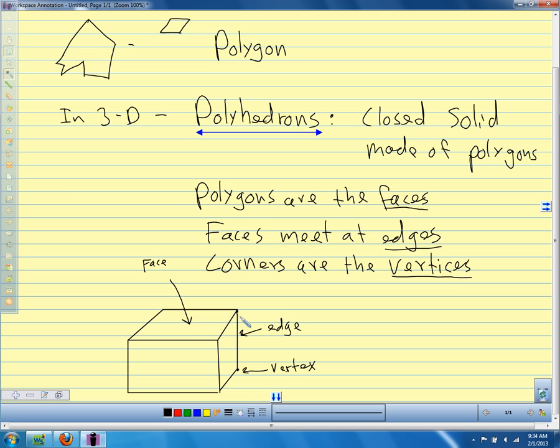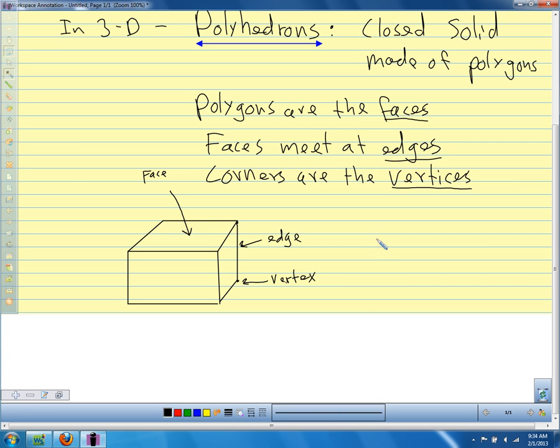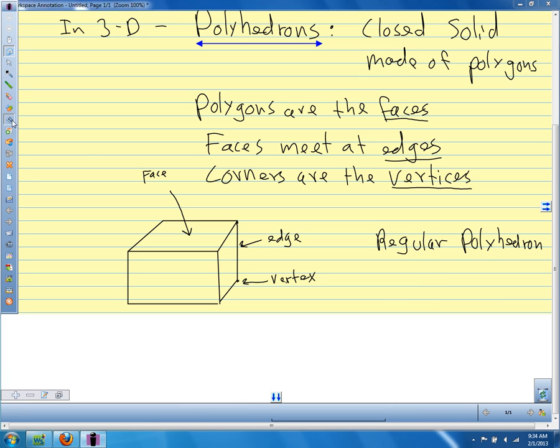When we talked about polygons, what did we mean when we say we have a regular polygon? All sides and angles the same. Perfect. So what would you guess we mean when we talk about a regular polyhedron? So sides and faces and angles are the same. So that's essentially it.